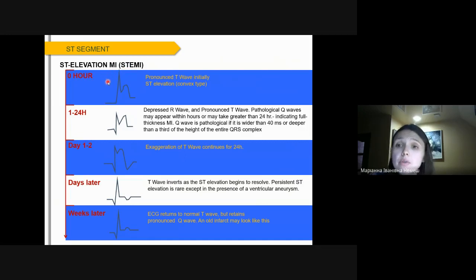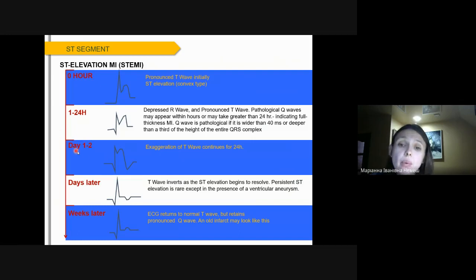At the beginning, you will identify a pronounced T wave and also ST elevation. At 24 hours, you will identify depression of the R wave, a pronounced T wave, and a pathological Q wave, which may appear within hours or may take longer than 24 hours.